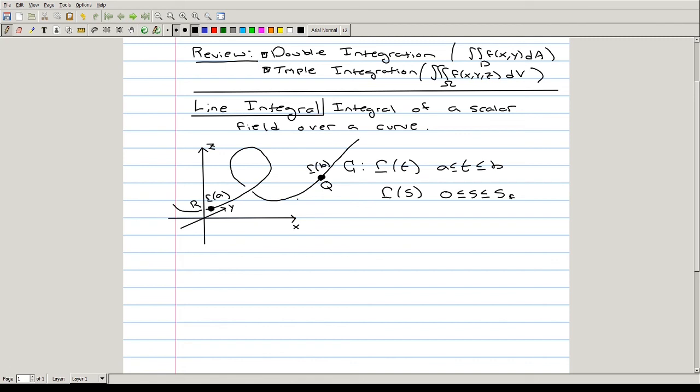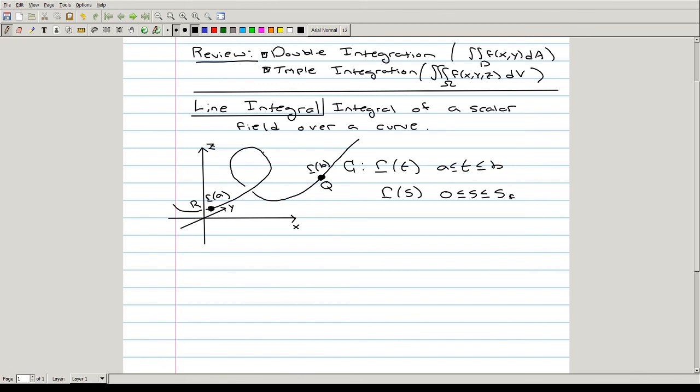And we actually know how to find the arc length as well through the integral that we talked about before. It turns out we've already kind of seen a line integral in some sense. We've seen the most basic line integral that defines arc length.